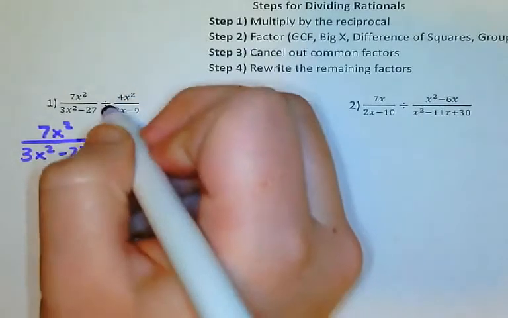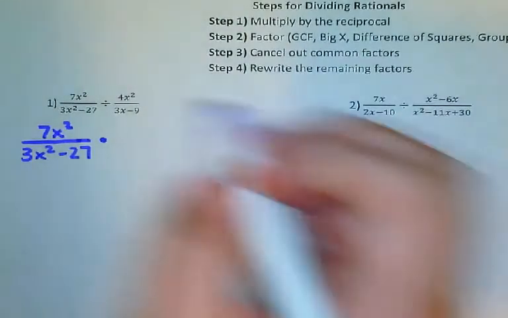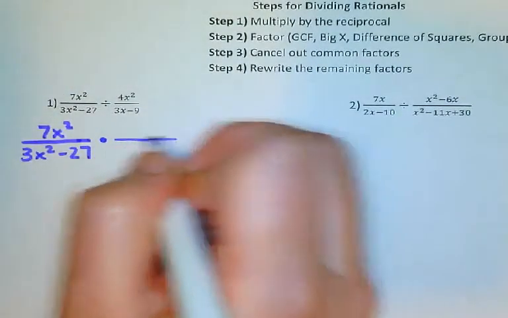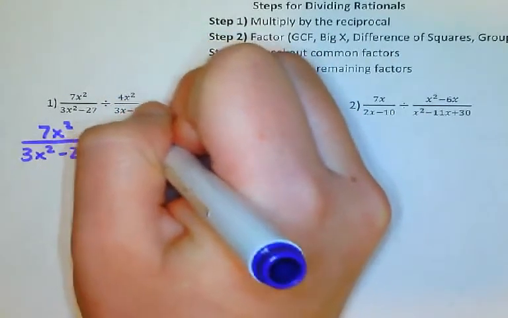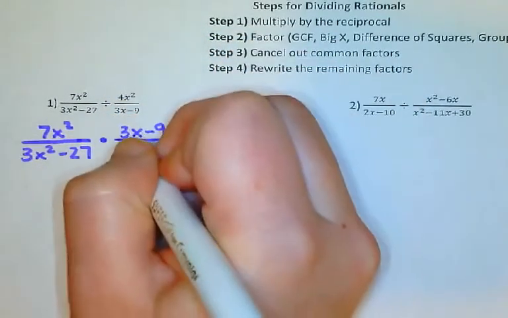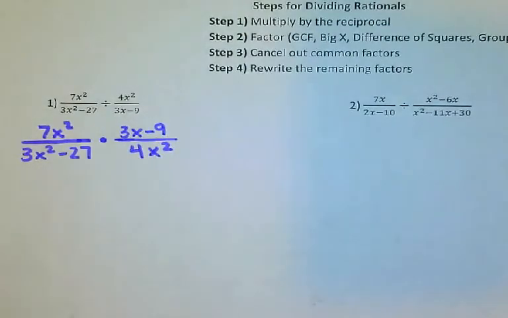Then we're going to change that division to a multiply sign, and we're going to flip our second fraction. So 3x minus 9 is going to go on top, and 4x squared is going to go on bottom. Alright, keep, change, flip.